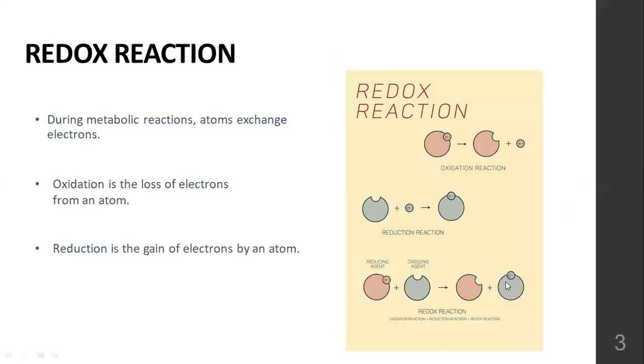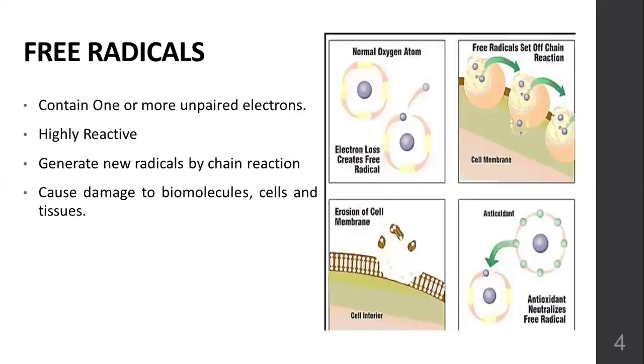You can see here, this oxidizing agent does not have one electron, one is missing, a pair of electron is missing. So this oxidizing agent is in search of that electron, from where it will get the electron. So they may have one or more than one unpaired electrons.